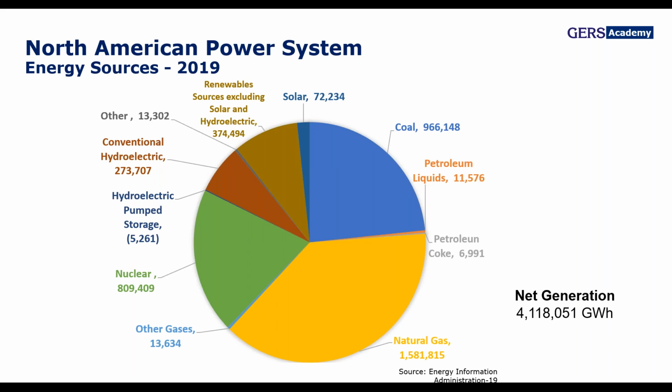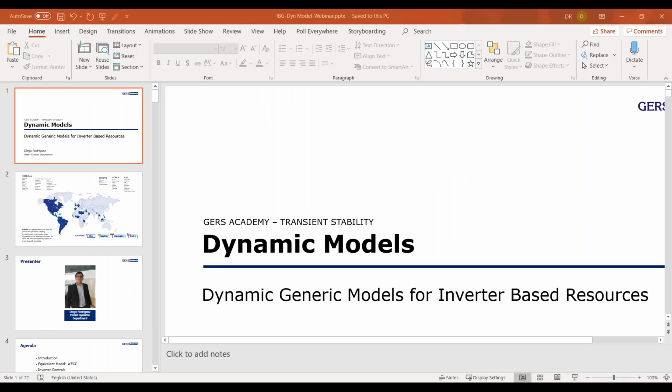As an introduction, I'll just say that the Energy Information Administration, that is the principal agency of the US federal statistical system, shows that the net generation for 2019 was around 4 million gigawatt hours.